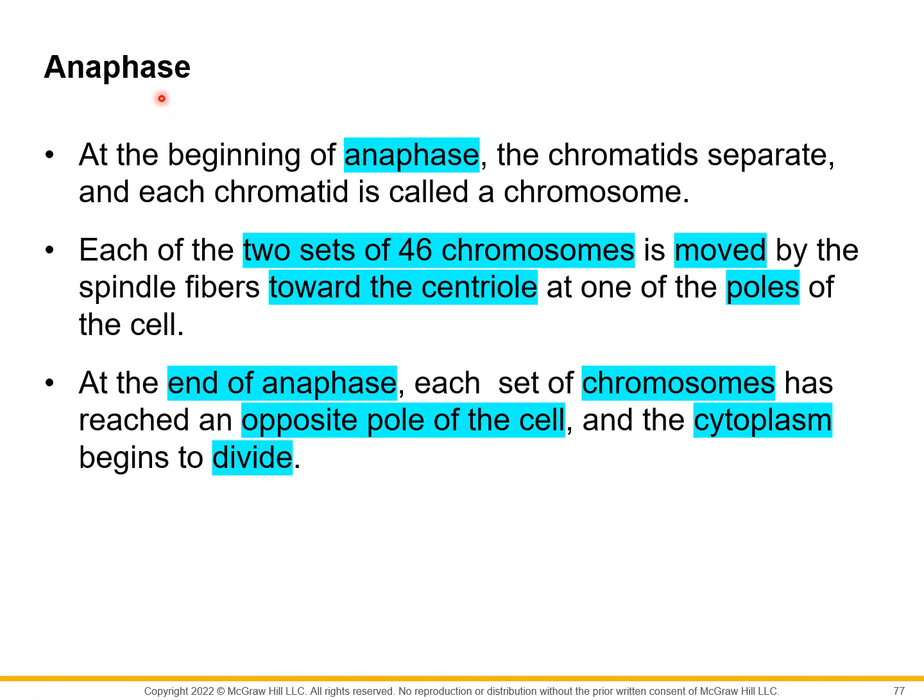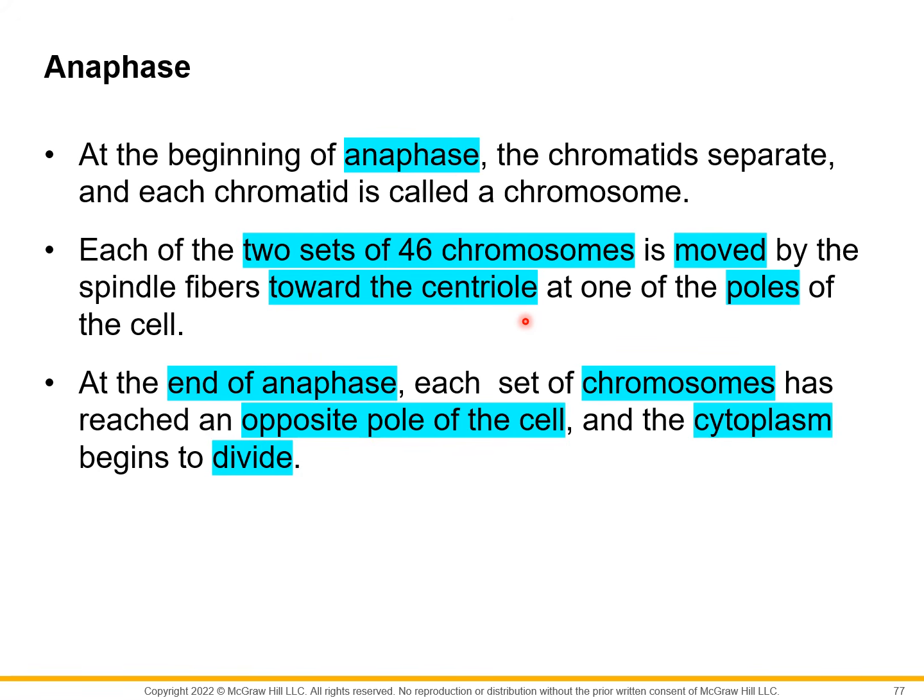Next is the anaphase. So at the beginning of the anaphase, the chromatids would separate, and each chromatid is now called a chromosome. So again, tulad ng sinabi natin kanina, for normal humans, 2 sets of 46 chromosomes would be moved toward the centriole at one of the poles of the cell. So nabanggit natin kanina, di ba? The centrioles are one of the main organelles that is responsible for cell division.